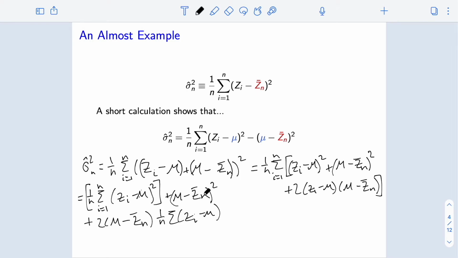This second piece we're going to hold off on worrying about for now. For the moment, we are going to look at a part of this third piece. We are going to pay attention to this for one moment, and we will see 1 over n sum of (Zi minus mu). This is actually going to be Z bar n minus mu.